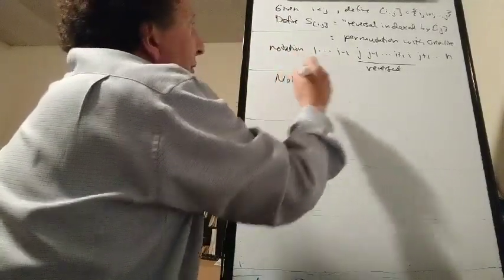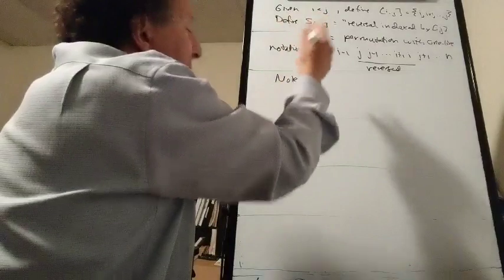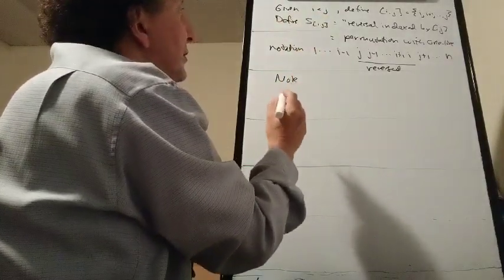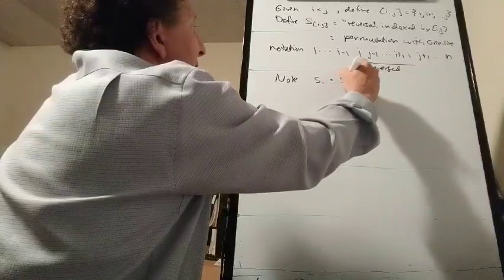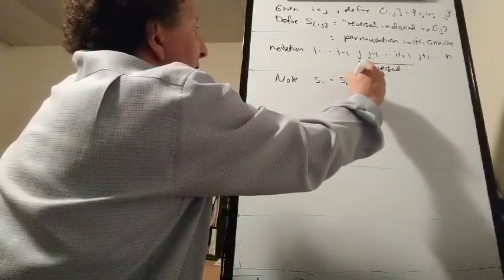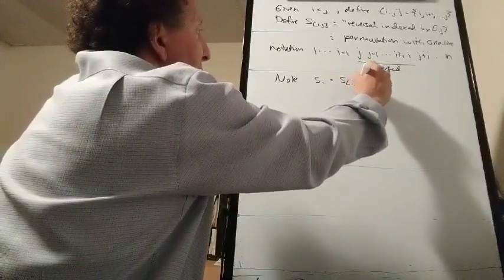So this generalizes the elements that we usually use to generate the symmetric group, because s_i is the same thing as the reversal S sub i, i plus 1.